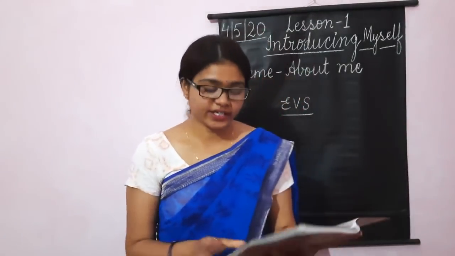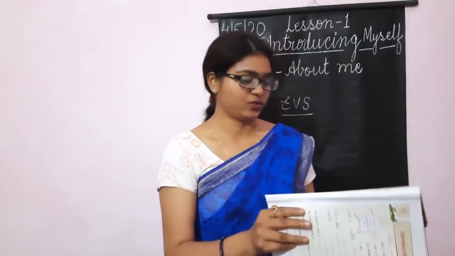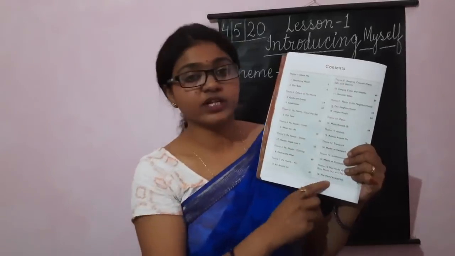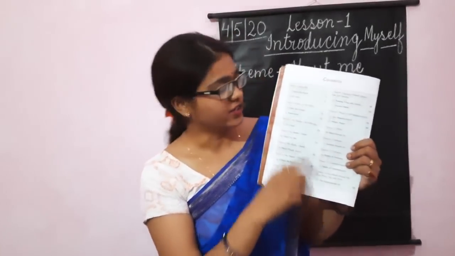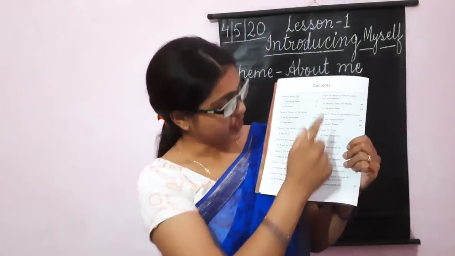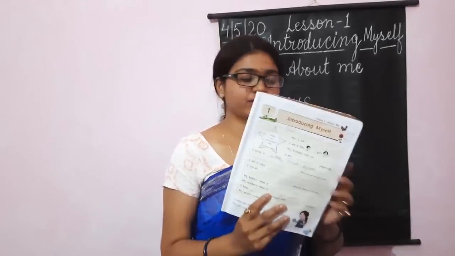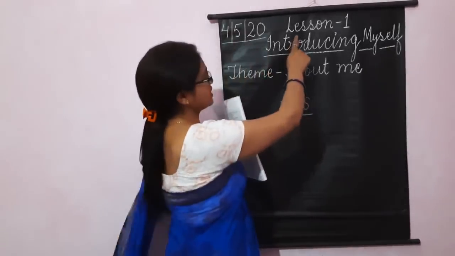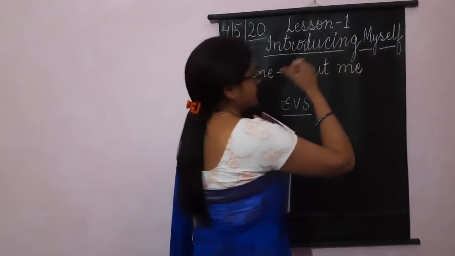This book contains 18 chapters. Chapters 1 to 9 are in the first row and 10 to 18 are in the second row. The first chapter is Introducing Myself, Lesson 1.